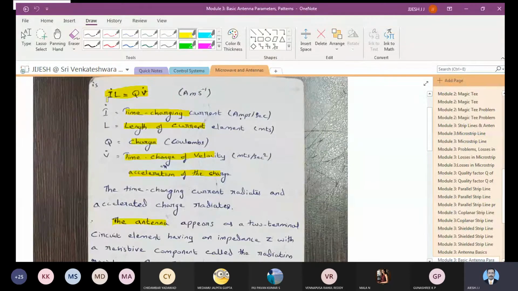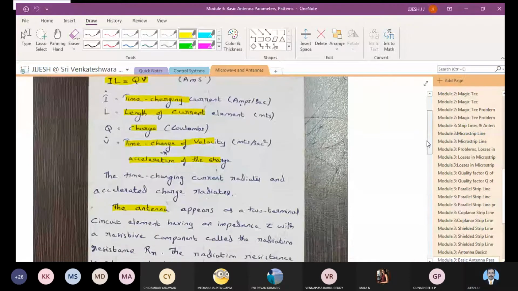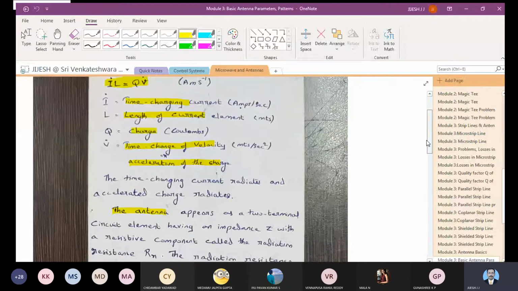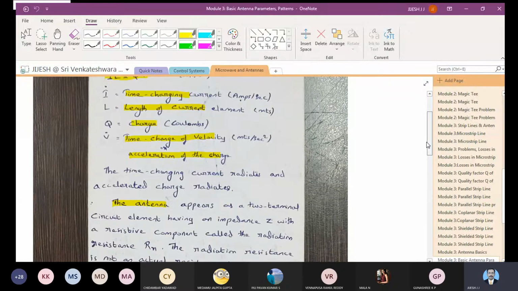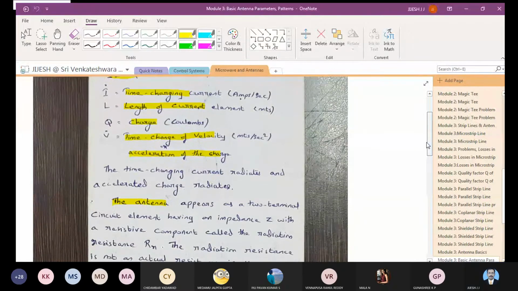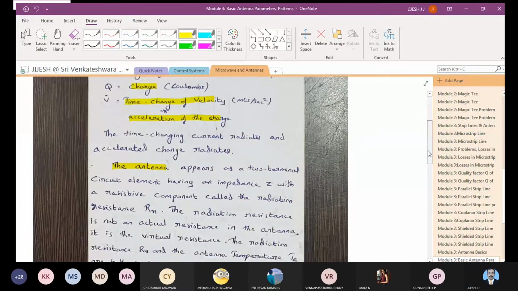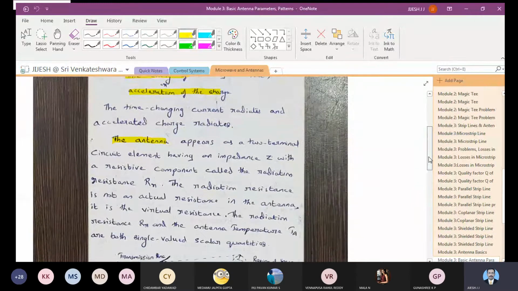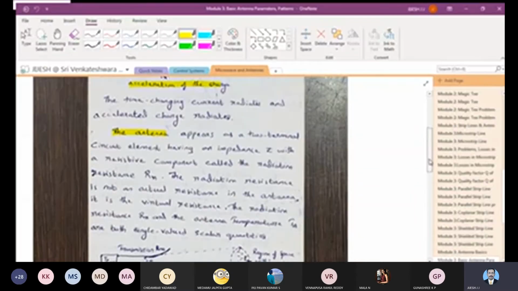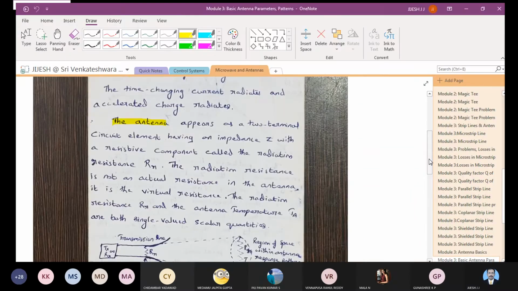So, till where have you completed in the previous class, till this equation? All of you have completed? Okay, we will continue further.